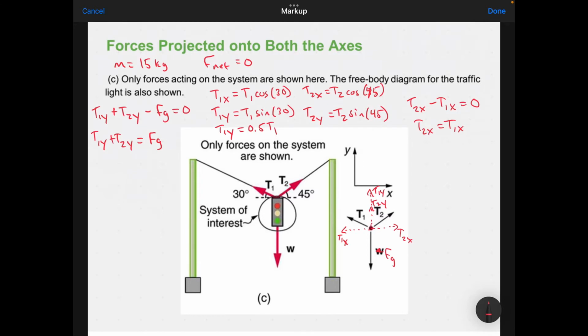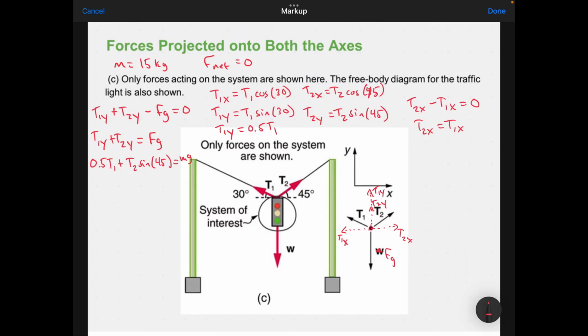And so plugging all of these things into these two equations here, the right one really is the main one for now, but we're going to do both. So on the left, for T1Y, we've got 0.5 T1 plus T2 sine of 45 equal to mg.